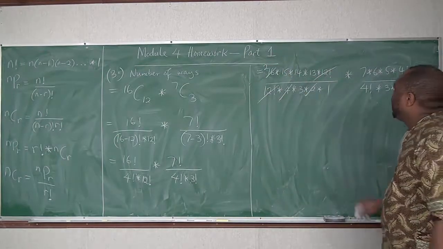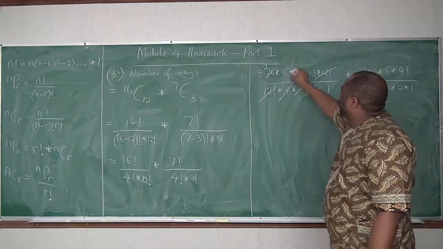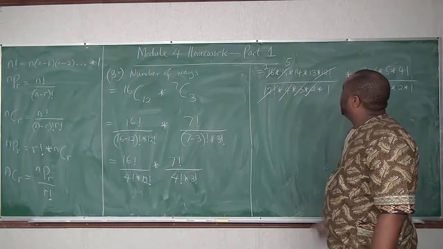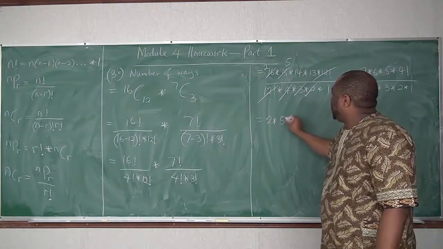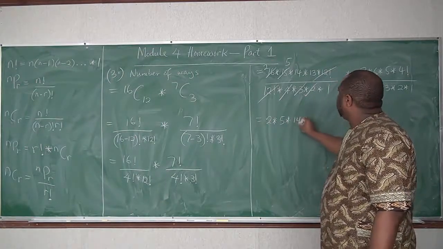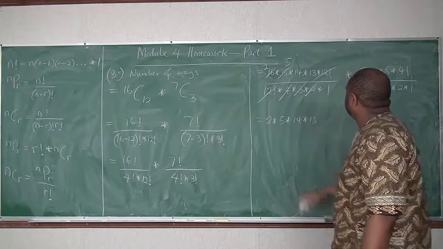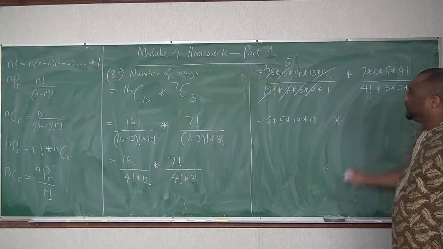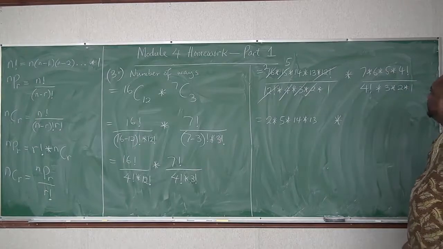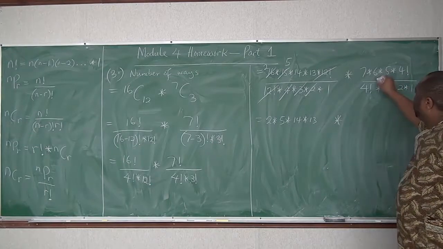And then 3 into 3 is 1. 3 into 15 is 5. So I have 2 times 5 times 14 times 13, times here 4 factorial.